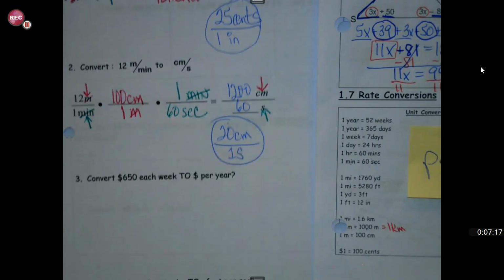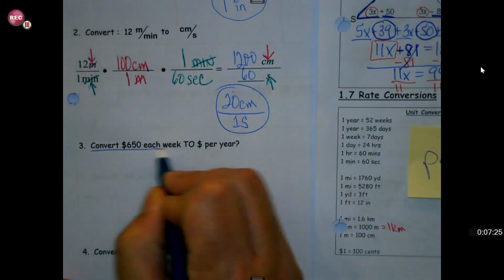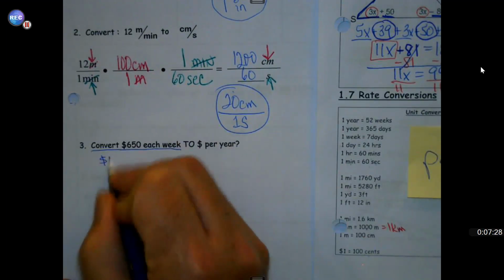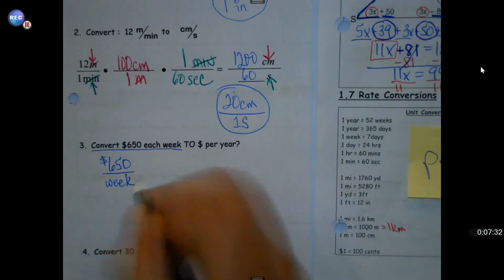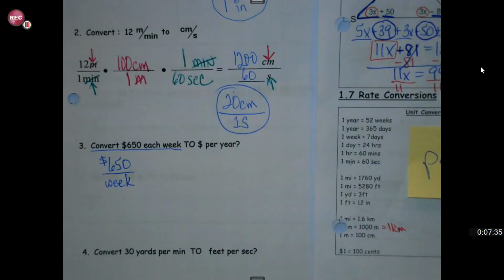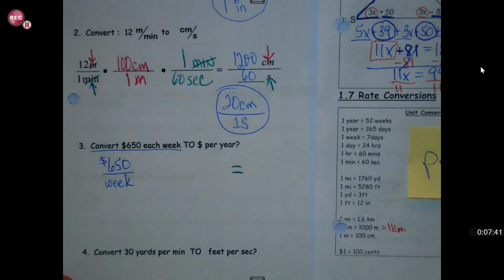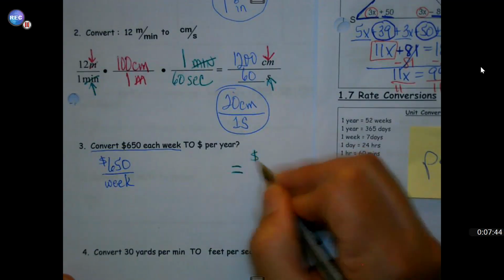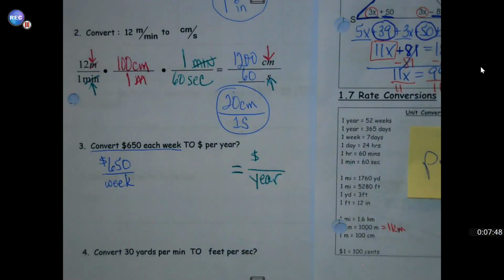So, I look at number 3 and I go, okay, convert $650 each week into, so here at the end somewhere, dollars per year. Now this one's a little different.